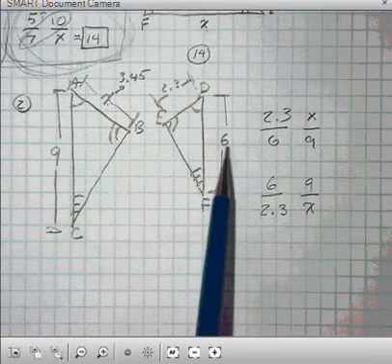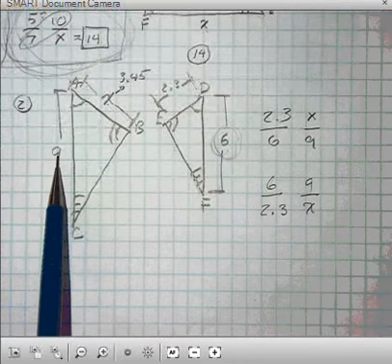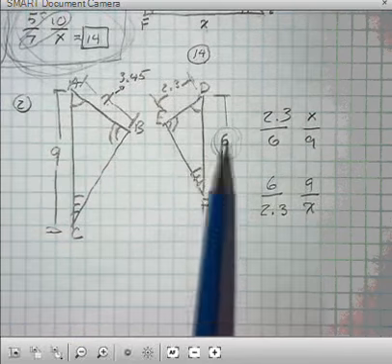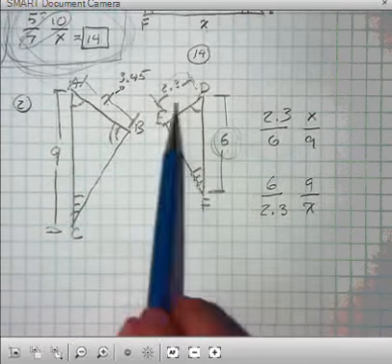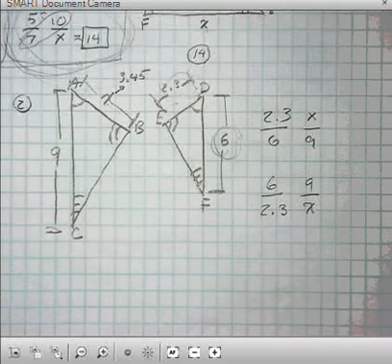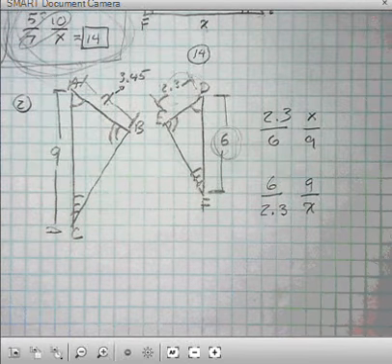Oh, so what you did was you found what do you have to multiply 6 by to get to 9? You were increasing it by half of that. So if you increase that by half of it, it would give you the 3.45.